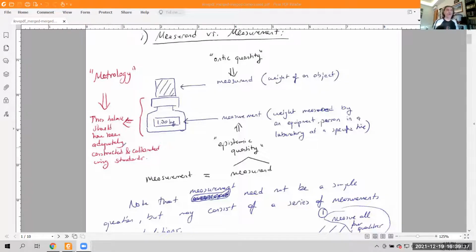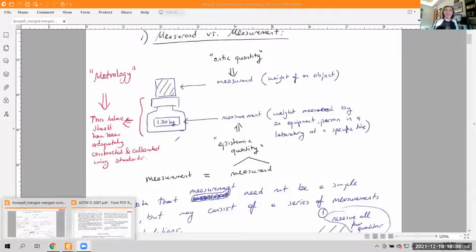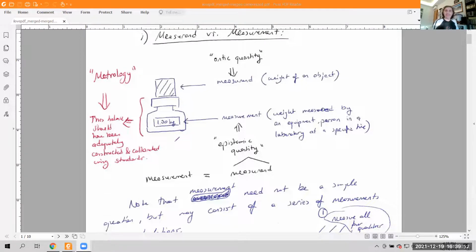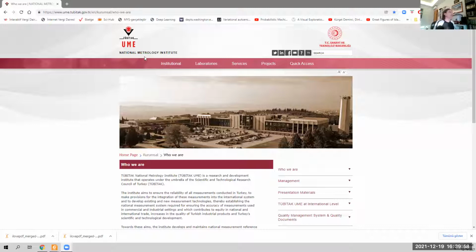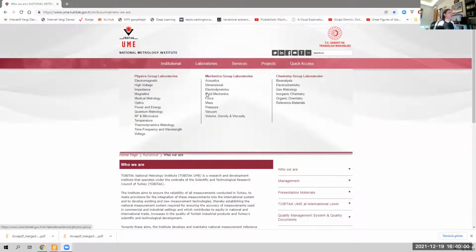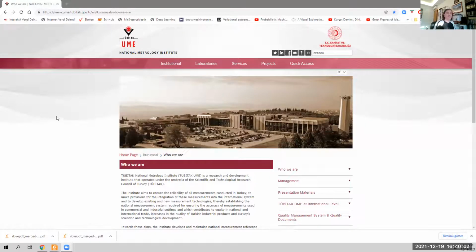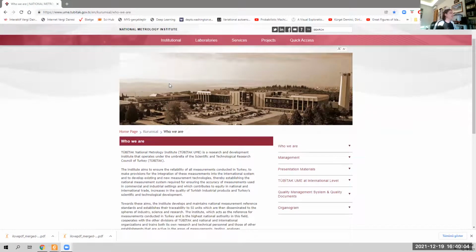From time to time, all laboratories, including our laboratory equipment, are calibrated. Sometimes we calibrate them. But there's a formal institute, for instance in Turkey, that makes these calibrations. Just to give you an idea about that, let me show you the TÜBİTAK National Metrology Institute. I am now showing you the internet site.